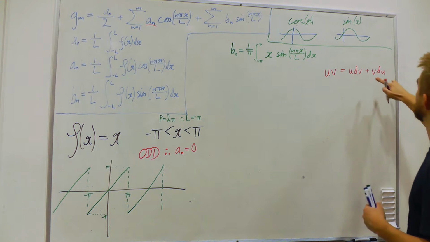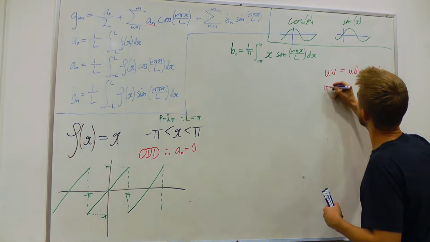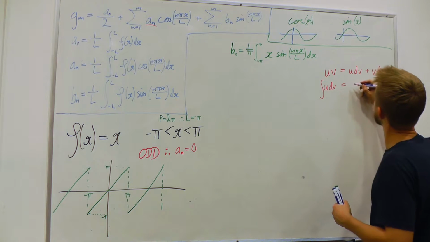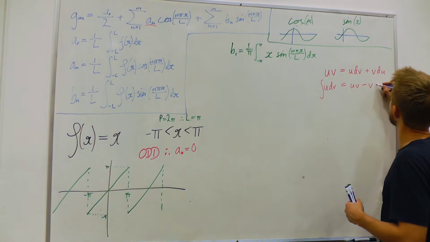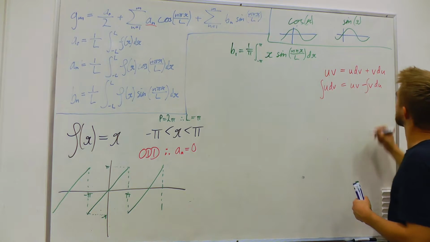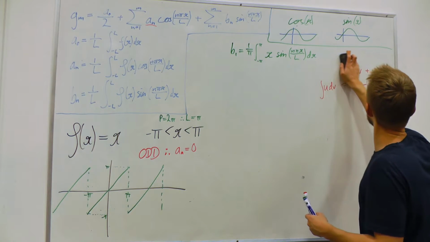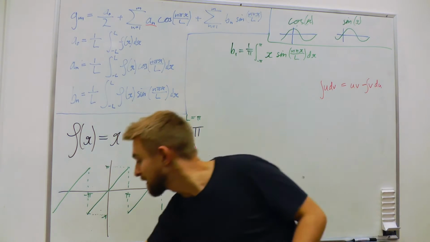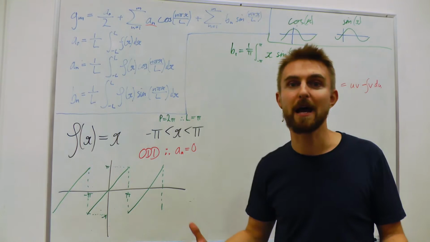Well, actually, you can just move this thing over to the other side, and you now get the integral of u dv equals uv minus the integral of v du. So this is what we call integration by parts.